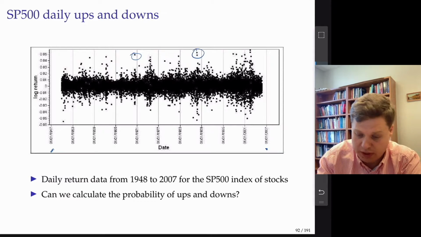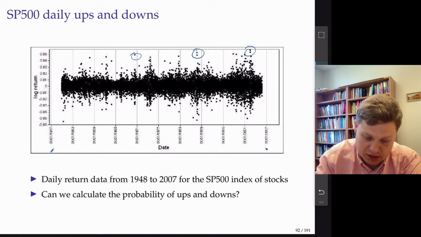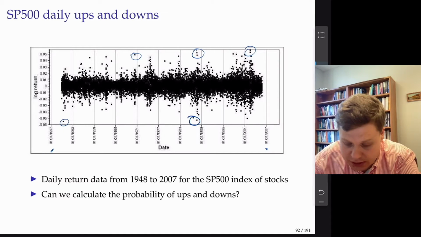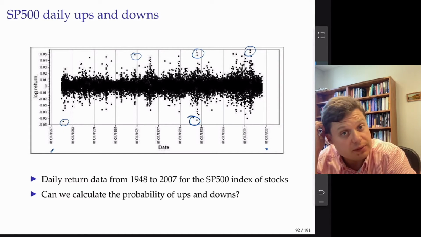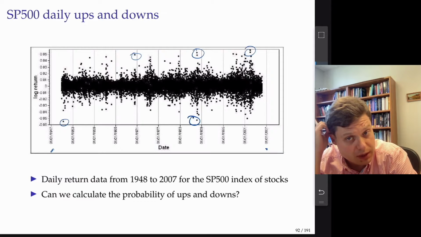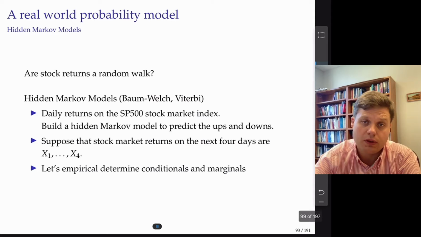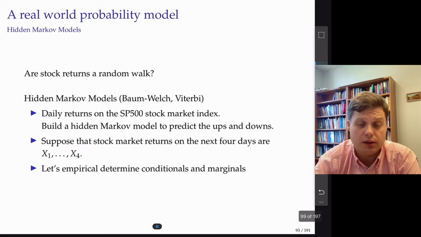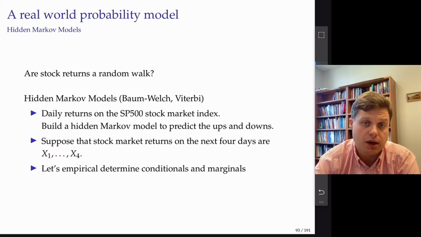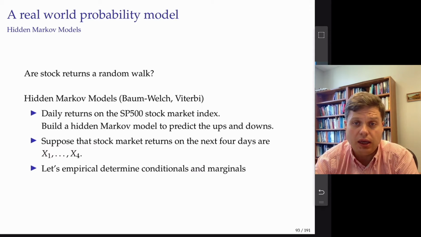You have some days when the S&P 500 went up 5%, and outliers on the opposite side of zero, days when the S&P had huge downs. We're going to look at this data and try to see whether the market is actually Markov or not Markov, and we will build the Markov model.